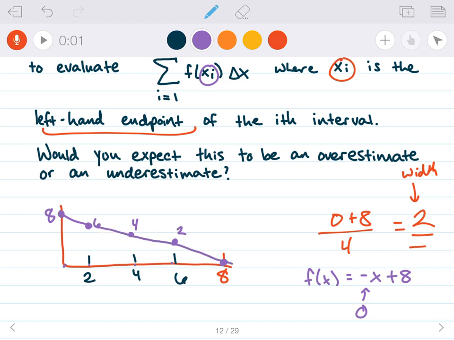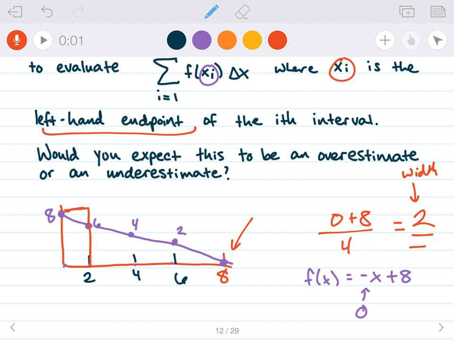So we're concerned with the area under this curve. That's what we want to answer. And we're using 4 rectangles to do this. Now they're telling us to use the left-hand endpoint, so the only endpoint that I'm not using technically is that one. All right, so for the first rectangle, here's our height using the left-hand endpoint.